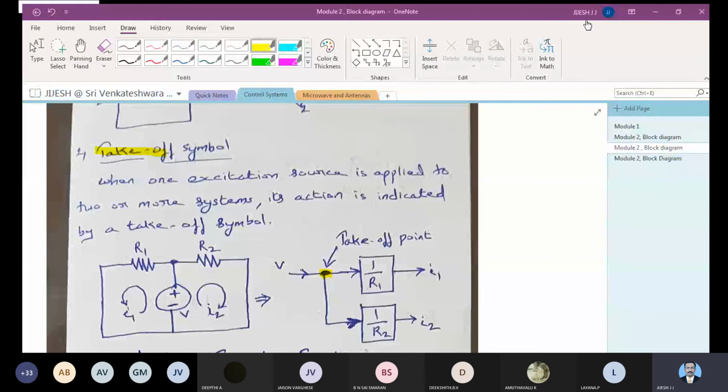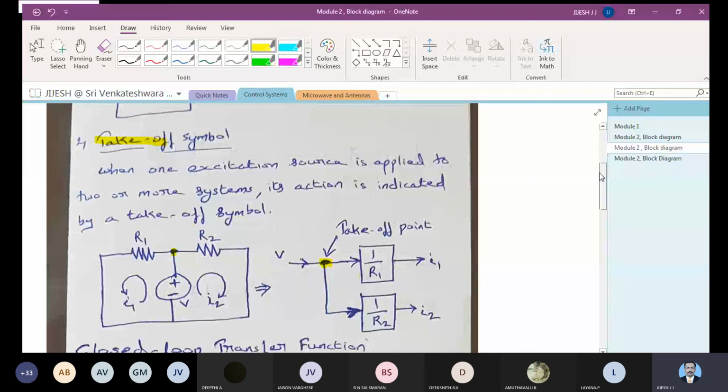Here you can see that it's almost like a node getting replaced. You can see I1 is there, I2 current is there, and voltage source V is there. V is connected here, and this point is the takeoff point, and the resistances are further connected to that. So this is the circuit, and this is how it can be replaced in this form.